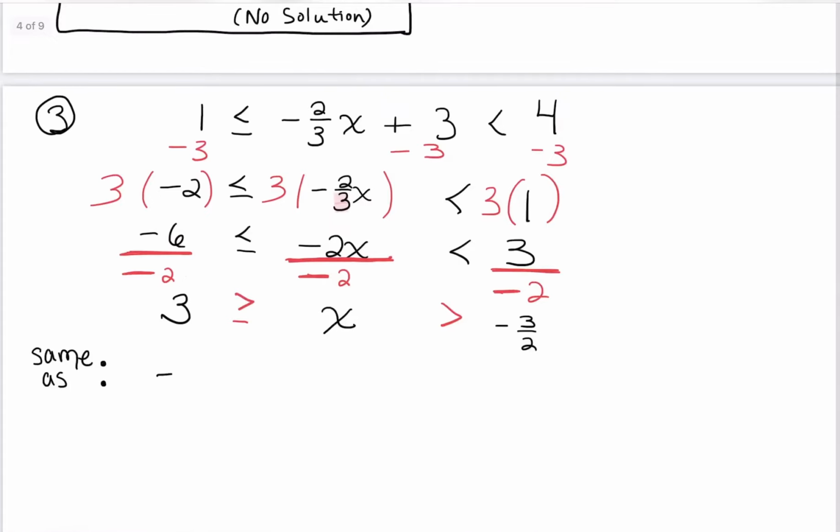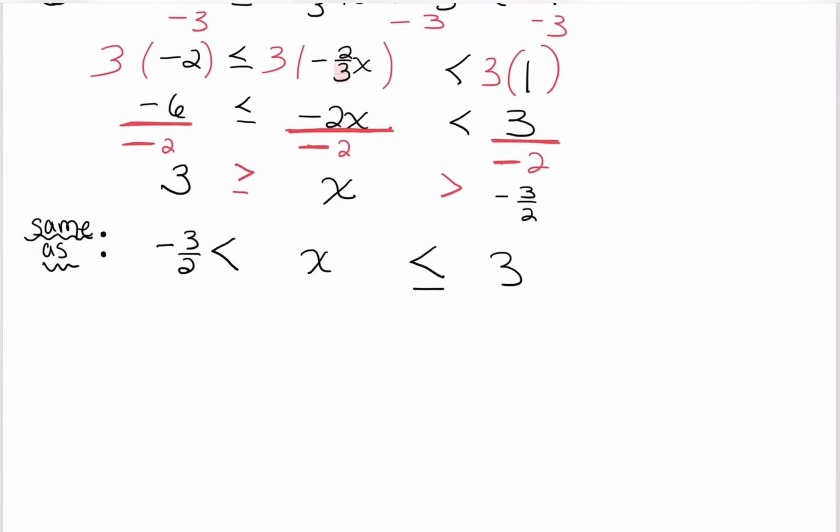So I start with my negative 3/2. That inequality points towards the negative 3/2 and opens out towards the x. The next inequality points at and opens out towards or equal to the 3. So those two are the same thing, and sometimes it's nice to see it from least to greatest instead of from greatest to least.